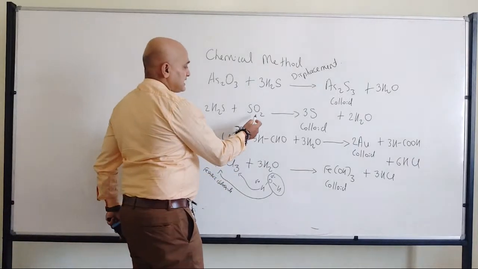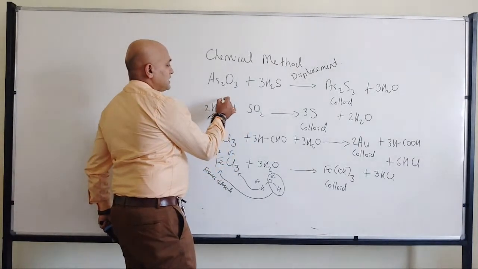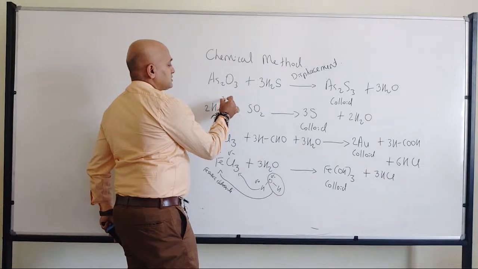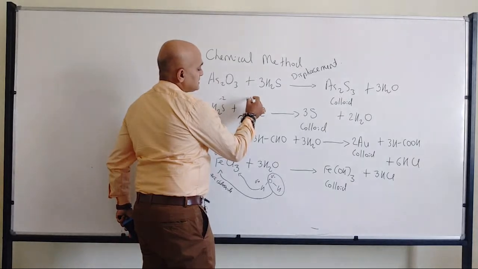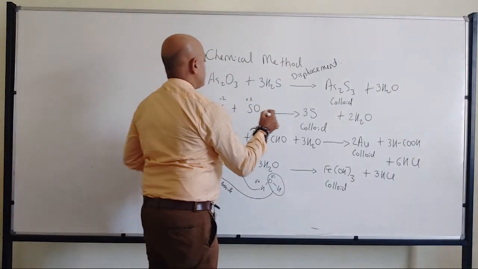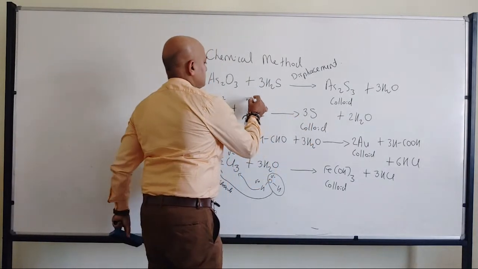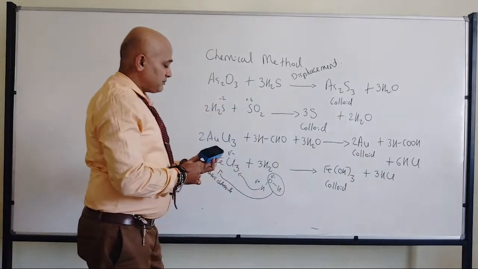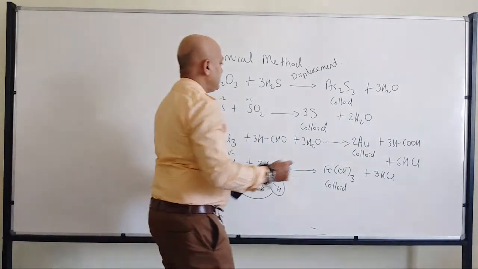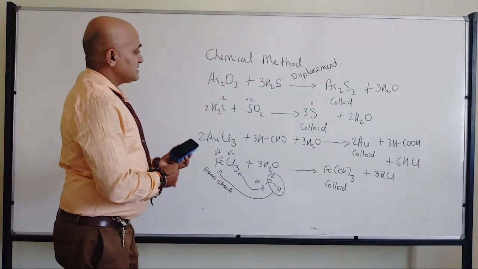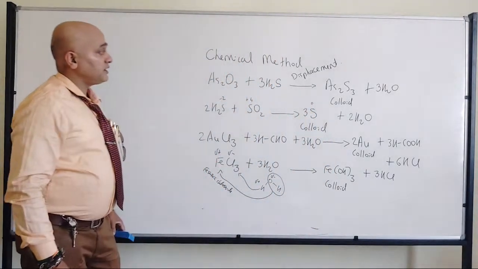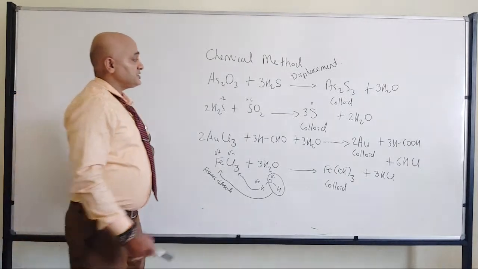If I see the next one, oxygen is in -2. So here it is +4, because oxygen is -2. But here it is becoming 0. The oxidation state of sulfur is getting changed, right?